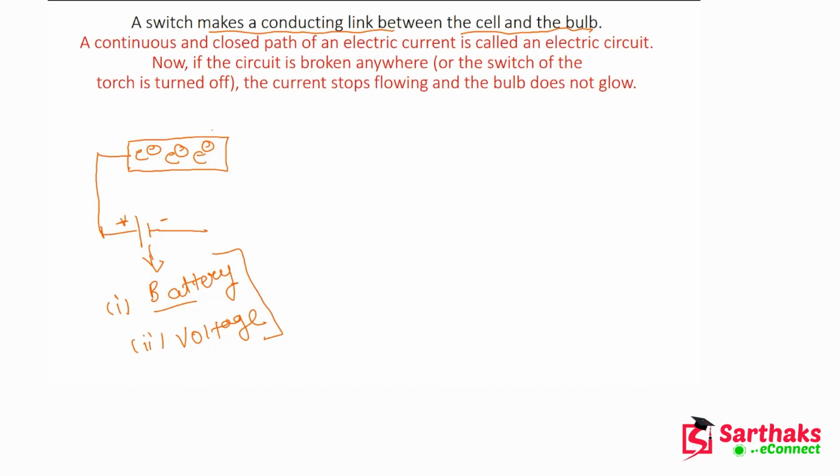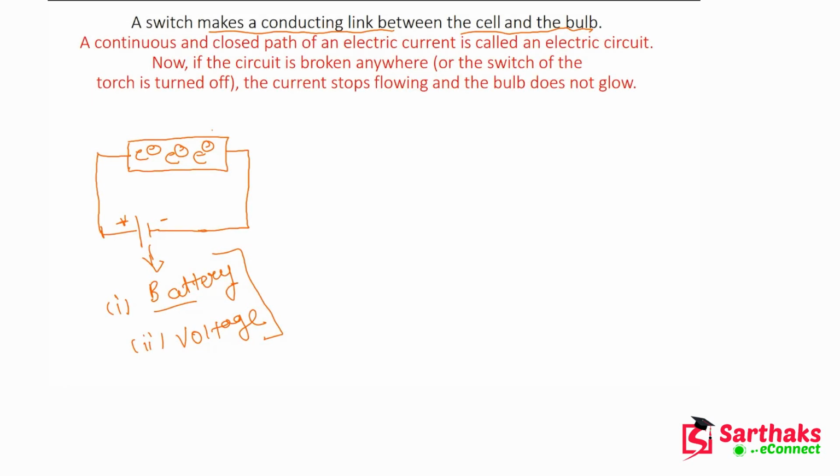If I want this to conduct electricity, or current to flow inside it, then I have to complete the circuit. I hope you got my point. So for the flow of current, or the flow of charges, or you can say flow of electrons or protons, the circuit has to be completed.